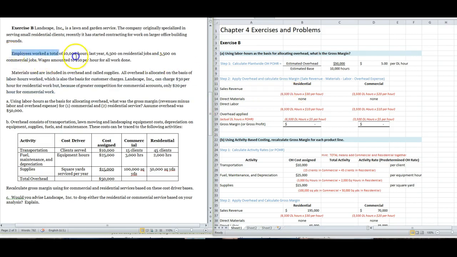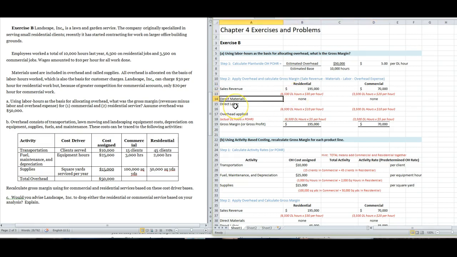Again, looking at that second paragraph where it tells us about the number of hours worked, they tell us the hours for residential and the hours for commercial. So for residential, we have 6,500 hours, and we charge customers $30 each. And on commercial, we have 3,500 hours, and we charge them $20 each.